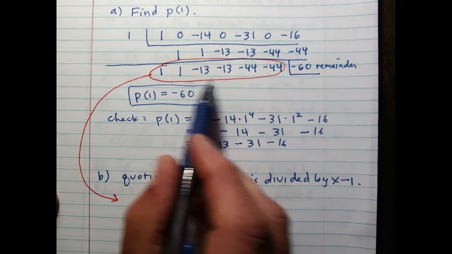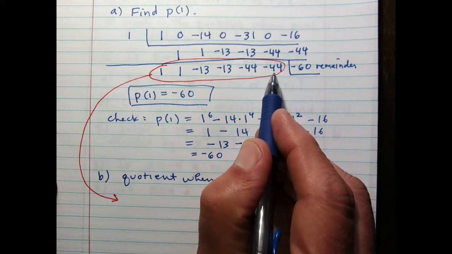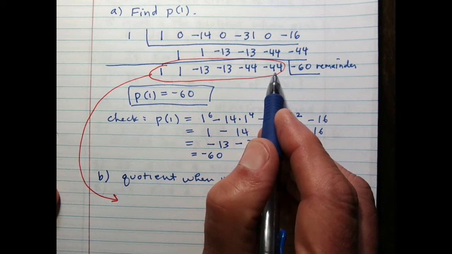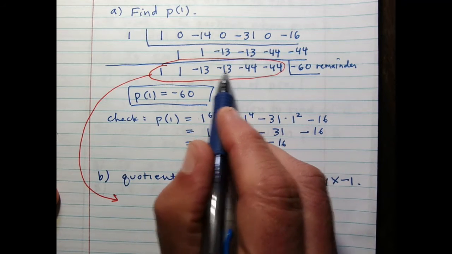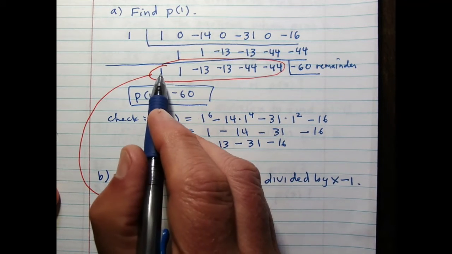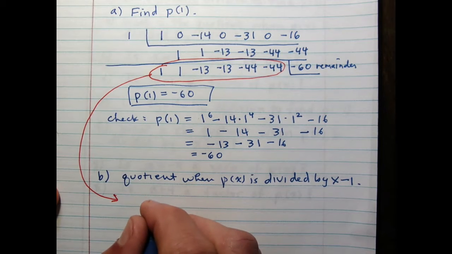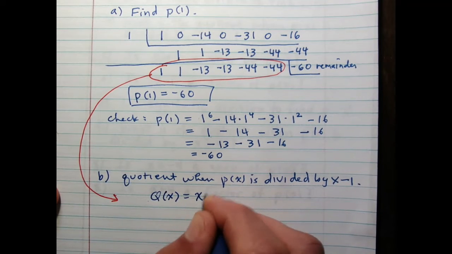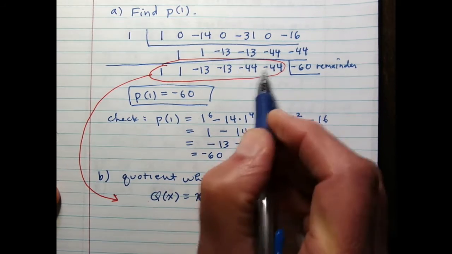What degree is this? Well, I've got to start with this negative 44 here. Constant, x to the first, x to the second, x to the third, x to the fourth, x to the fifth. I'll write this as q of x is x to the fifth, start all over.